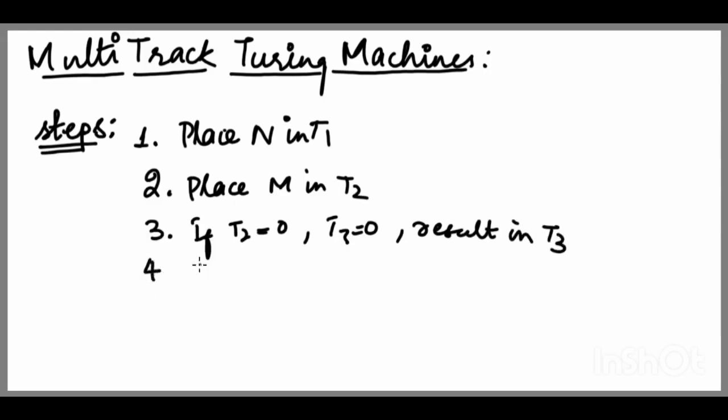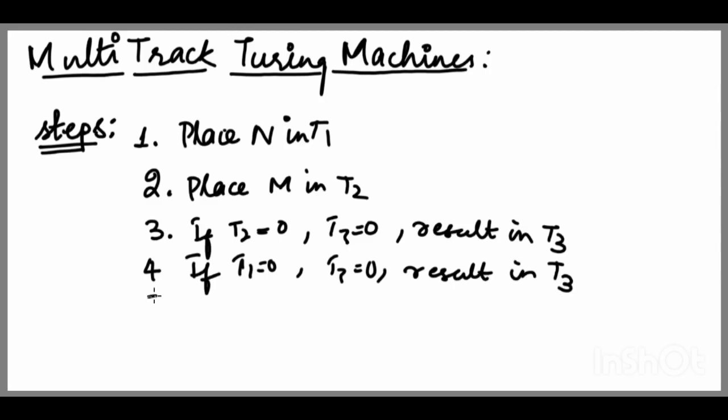Similarly, in step 4, if t1 equals 0, then t3 equals 0 and the result is in t3. Step 5, we perform an operation in track 3, that is t3 equals t3 plus t1.